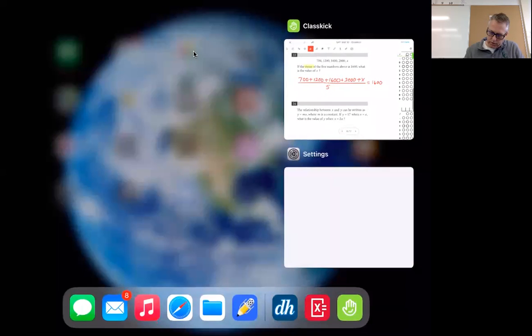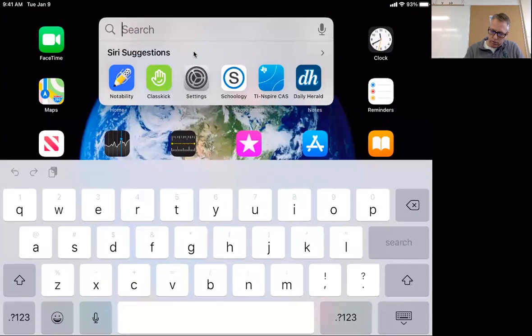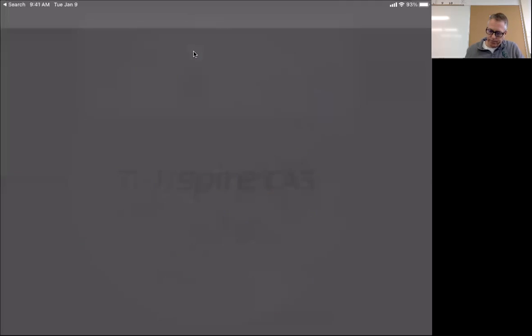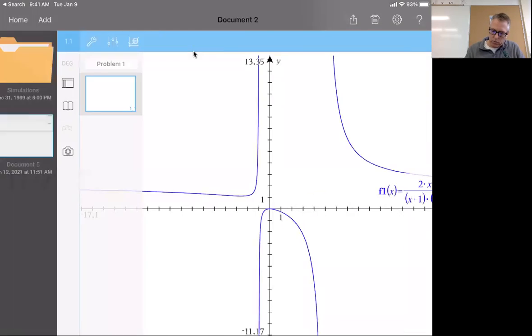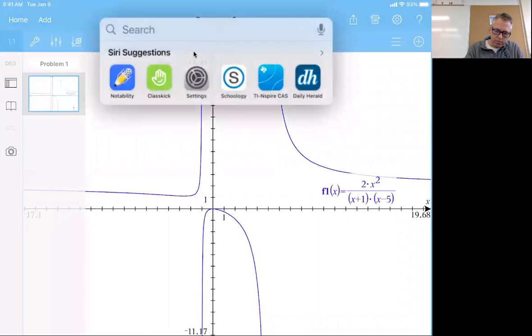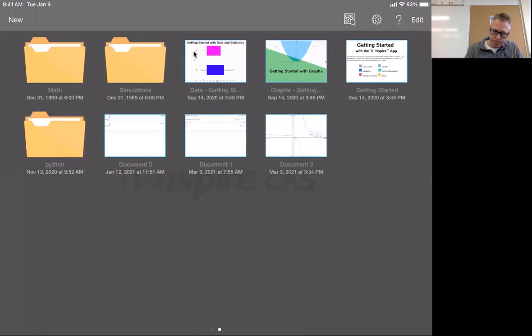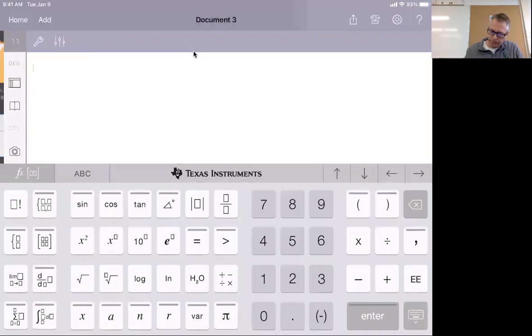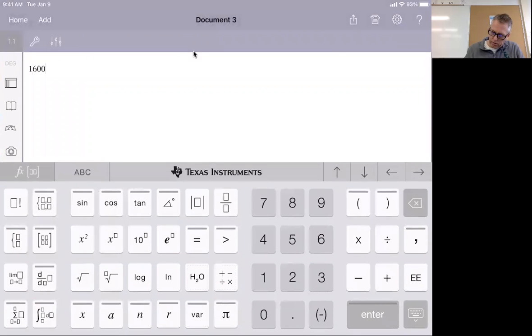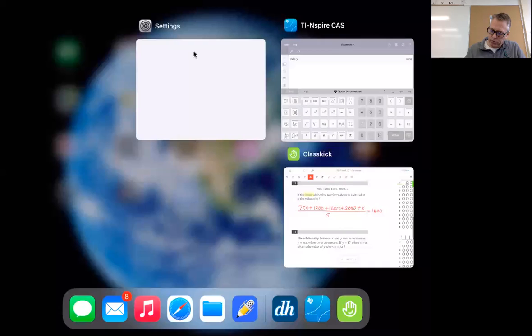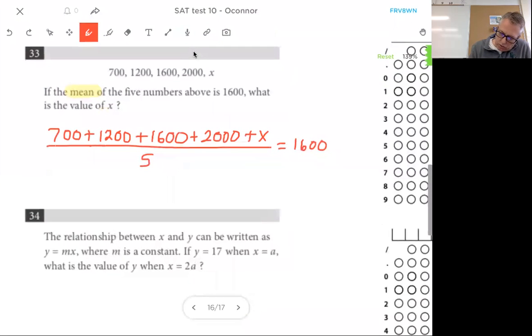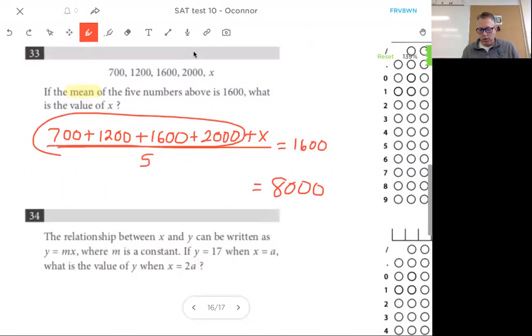So this is calculator. That's not what I want. Sorry, guys. So I have 8,000, right? And I add all of these up. So I have 700 and 1200, 1600 and 2000.